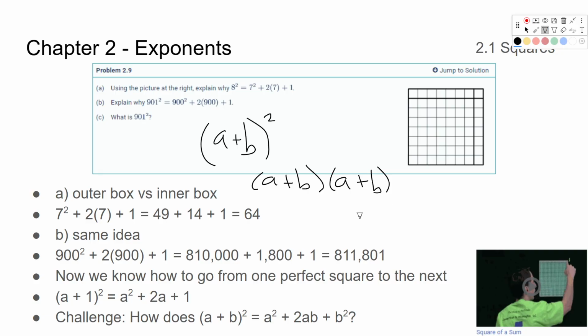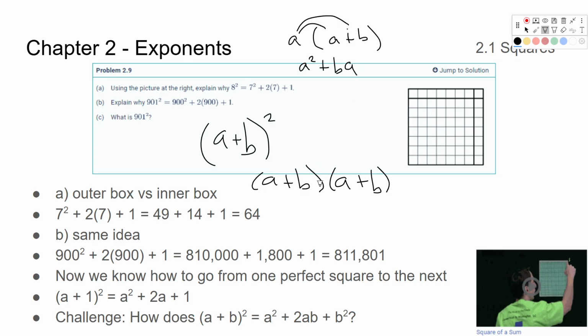All right, so how do you multiply this together? Well, if you've done this before, then you already know. But what do we already know? We know about the distributive property. If we have something like A times A plus B, then we can distribute that and end up getting A squared plus BA, right?